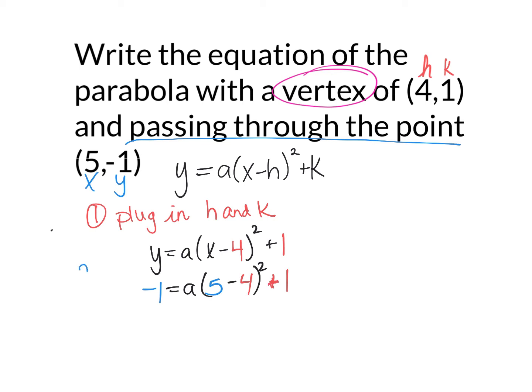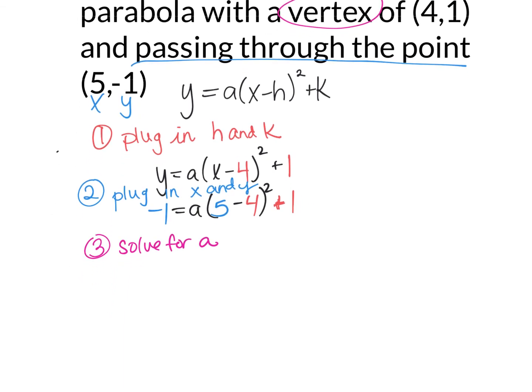So step 2 was plug in x and y. Step 3 is solve for a. So I simplify my parentheses first. -1 = a(1)² + 1. -1 = a times 1 squared is 1a, a + 1.